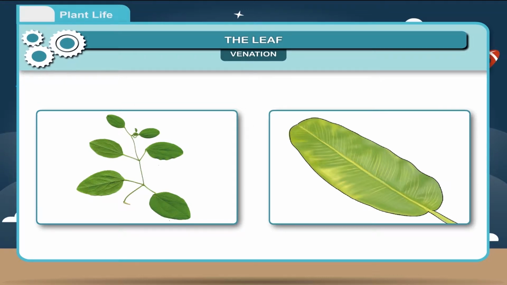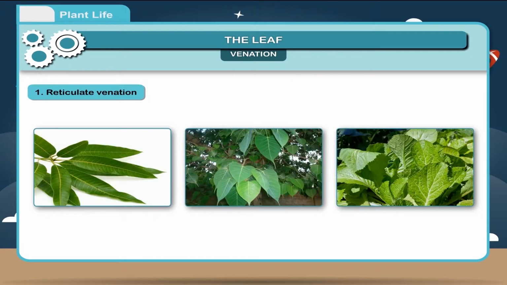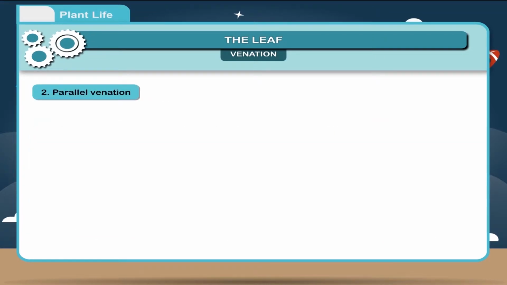Venation is of two types, reticulate venation and parallel venation. 1. Reticulate venation. When the veins and veinlets are irregularly distributed forming a network, it is called reticulate venation. This kind of venation is found in the leaves of mango, banyan, and mustard. 2.